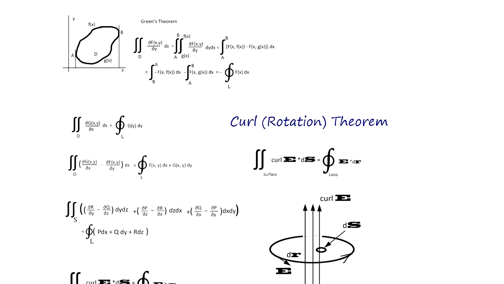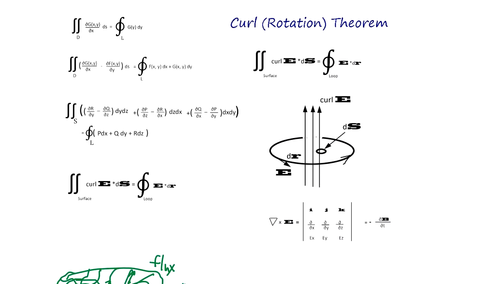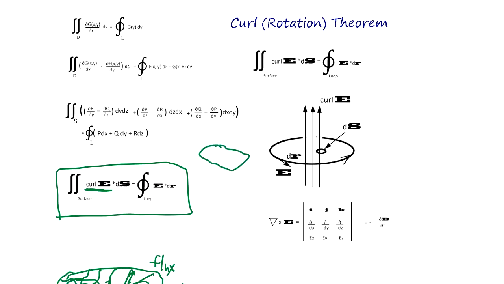Basically, it comes down to this in the 3D case. The curl derivative, you take an integral, that means over a certain area, you collect all the vector going through this area. It's going to be equal to the curl vector integral over this boundary. And it's just like the divergence.